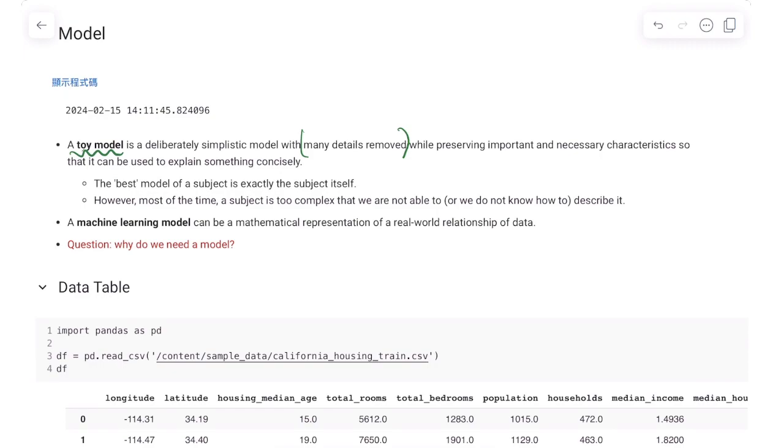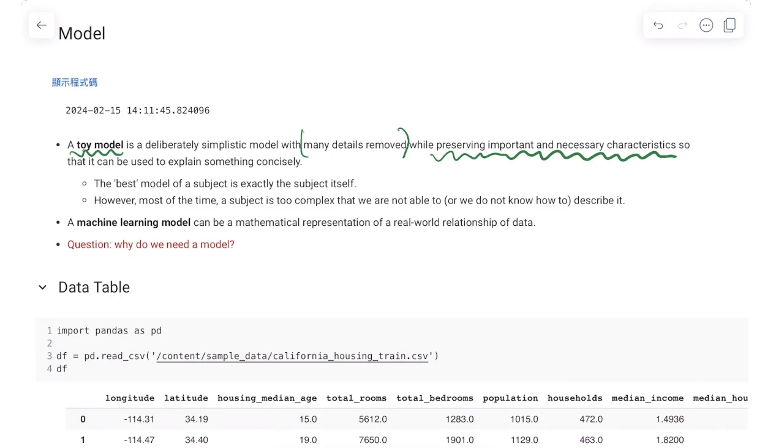So many details will be removed from the real subject, so we can simplify the subject we would like to describe and analyze, while preserving important and necessary characteristics.